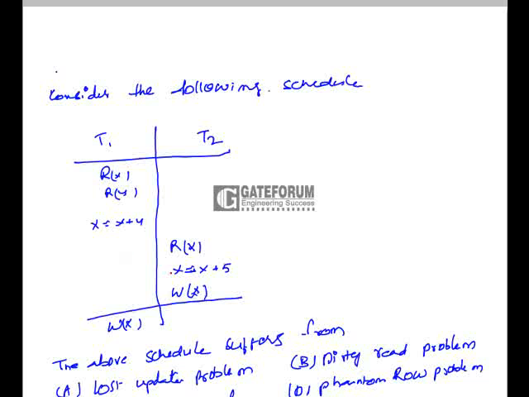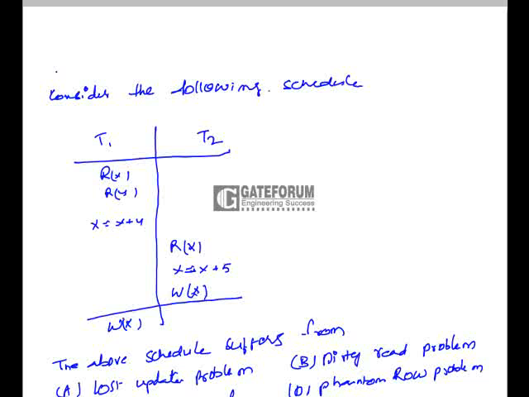After that, T2 reads that item X, updates X as X plus Y and writes X. That is the update made by T2 is written by T2.